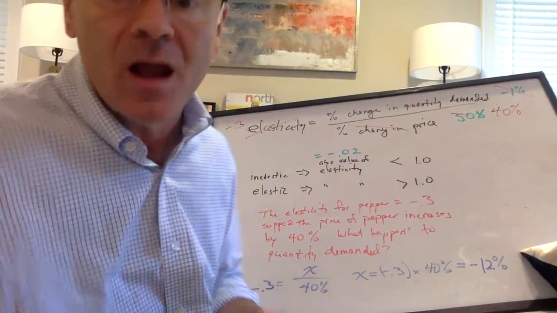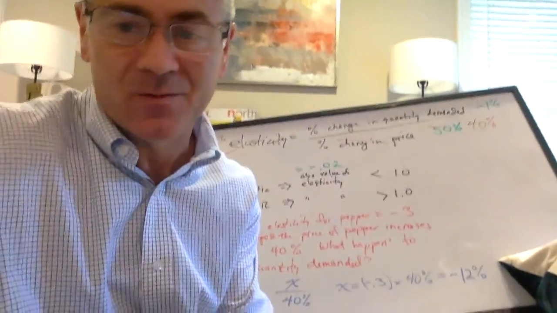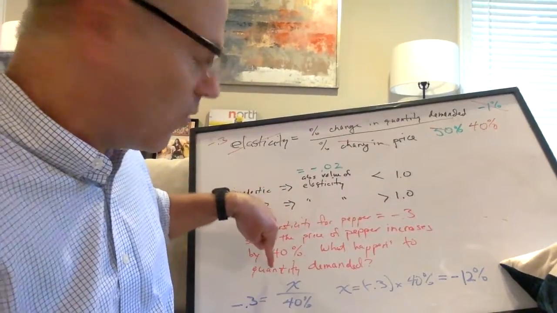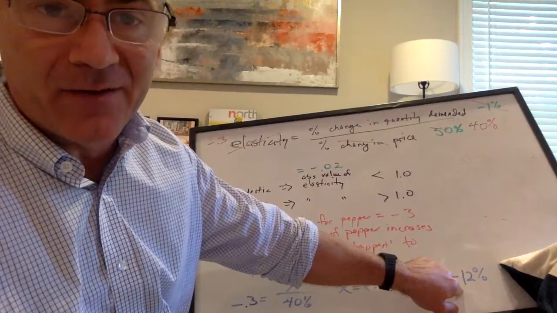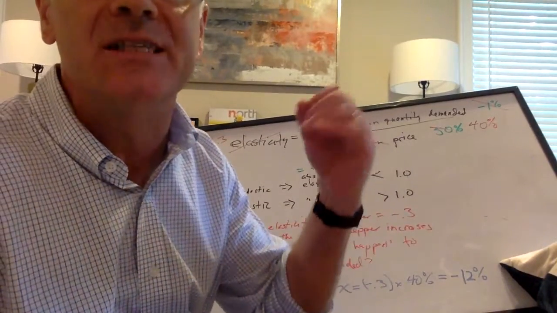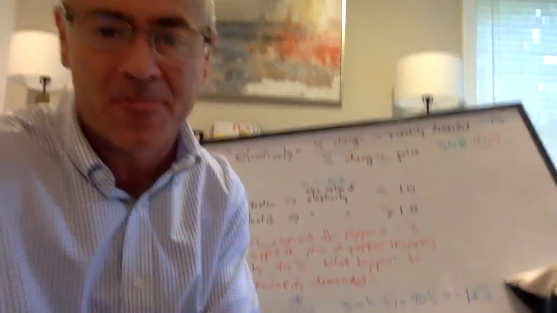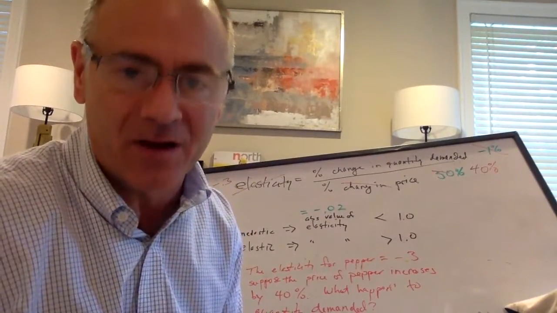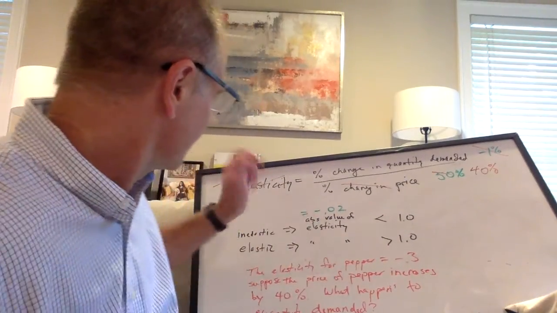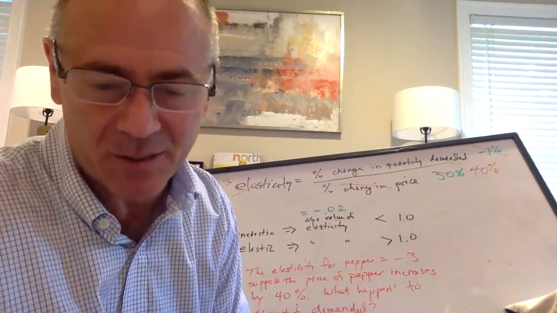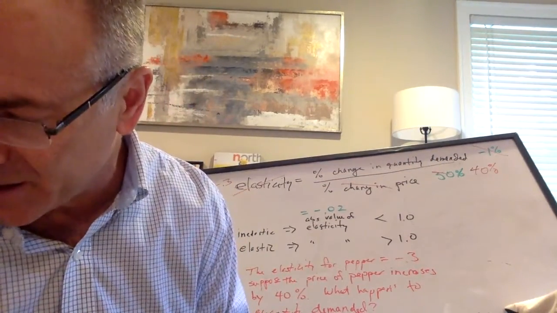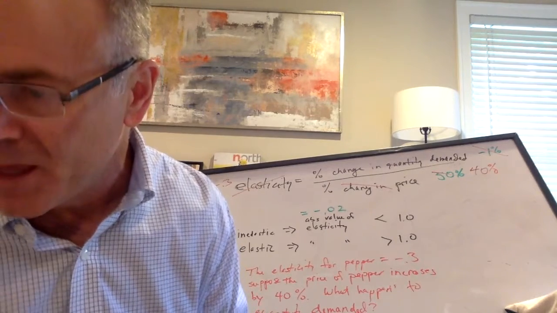So the answer is that quantity demanded goes down by 12% if we're given those facts. Elasticity is negative 0.3, and the price goes up by 40%. So there's a possible test question.